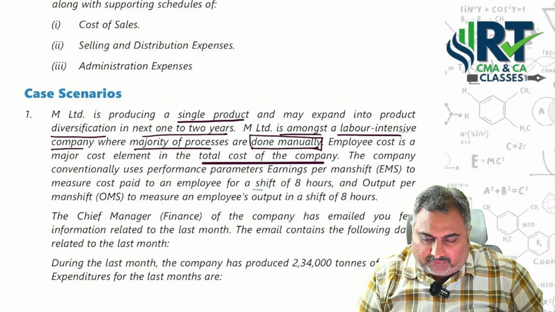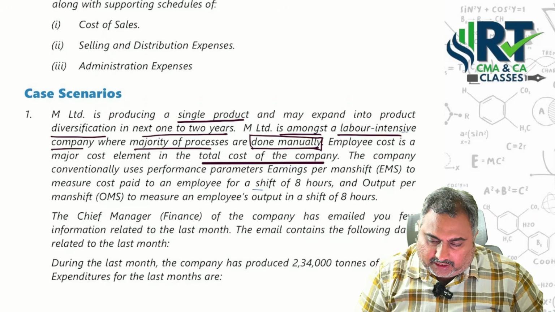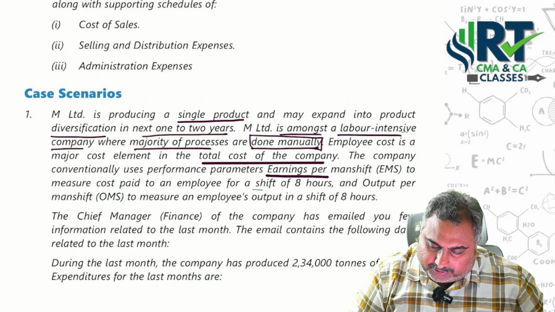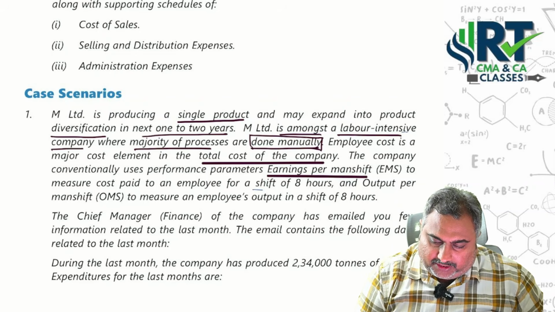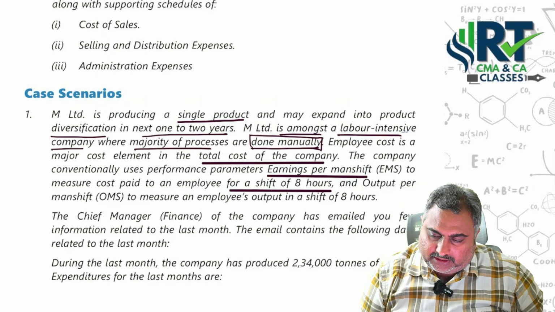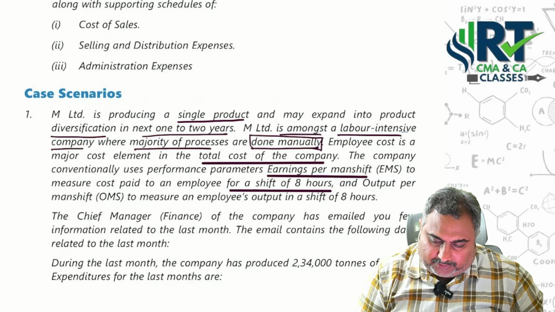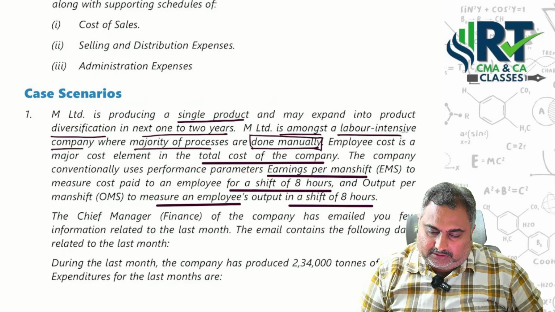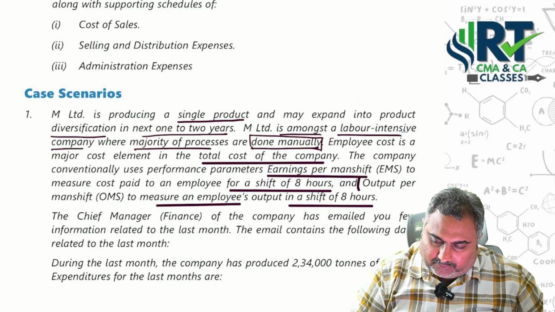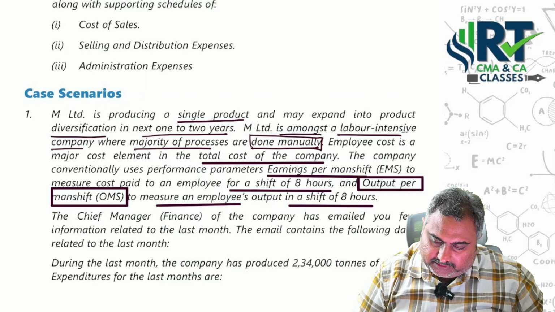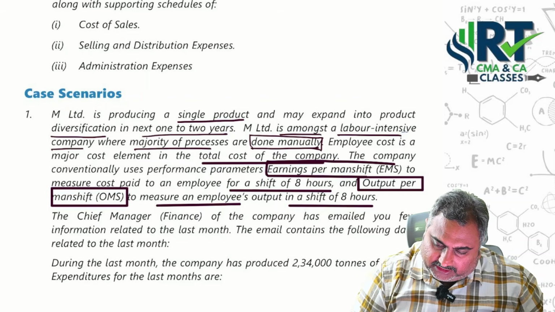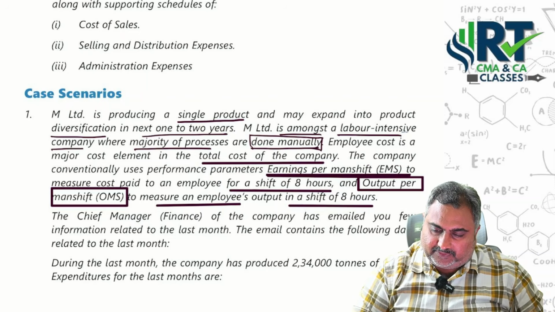The company conventionally uses performance parameters: earnings per man shift, to measure the cost paid to an employee for a shift of 8 hours, and output per man shift, to measure an employee's output in a shift of 8 hours. So they are talking about two things. One is output per man shift, and the second one is earnings per man shift.